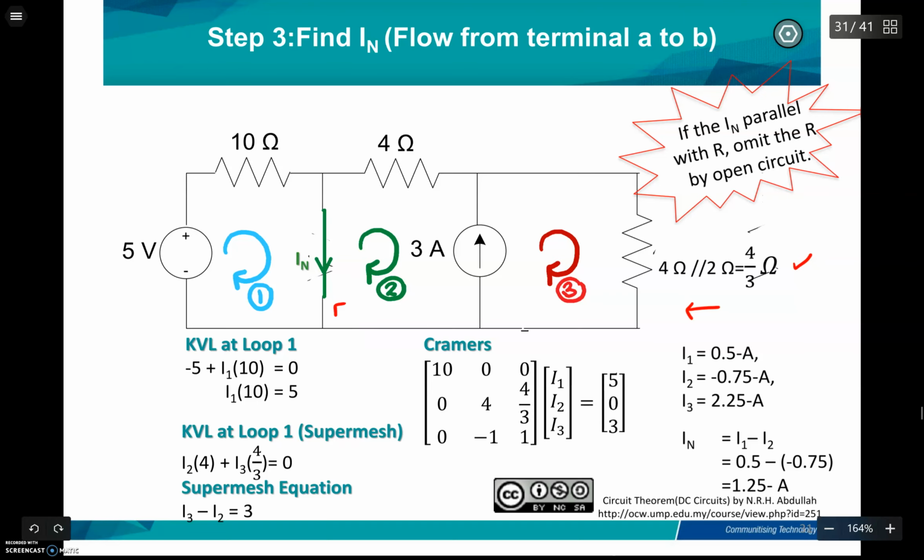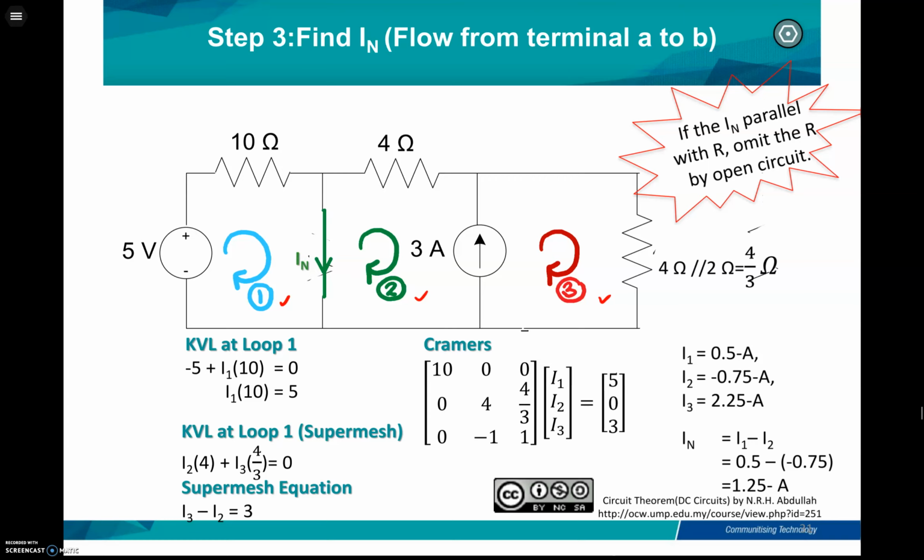So first, after you parallel the resistor, the 4 loops become 3 loops, and then identify the loop currents, which are I1, I2 and I3. For the mesh, make sure that you remember that you have to do the KVL equation for each loop.